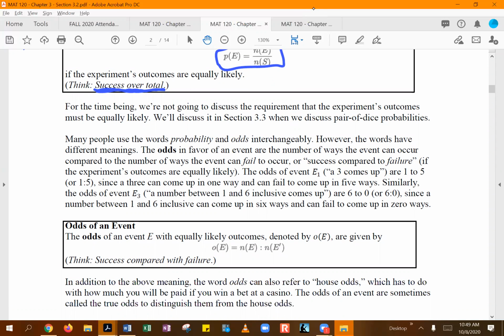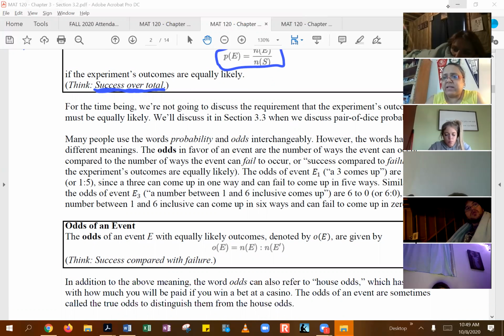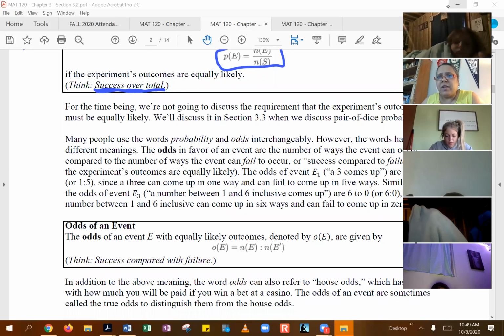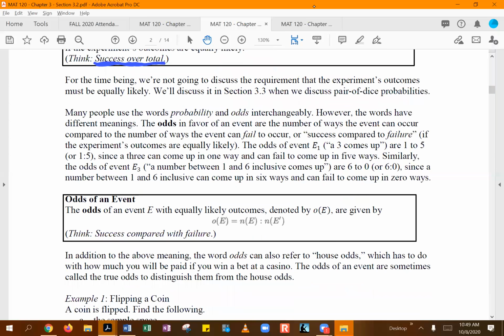So that's talking about your probability calculation, but a lot of times we also talk about what are the odds that this will happen? Especially if you are into sports, you will see they talk about odds a lot more than they talk about probability. And a lot of times people mistake them to be the same thing. In English, we may use them interchangeably, but statistically, they are not the same thing.